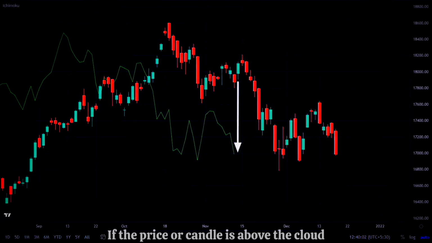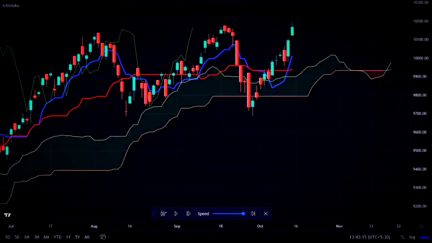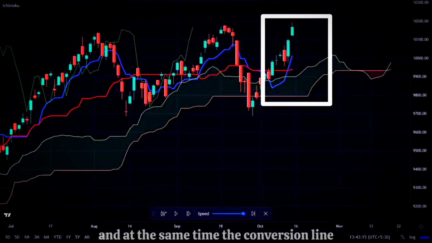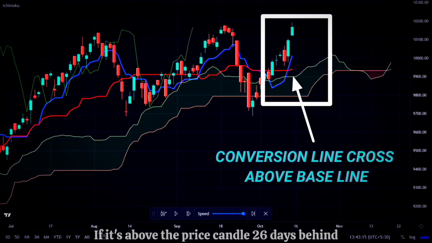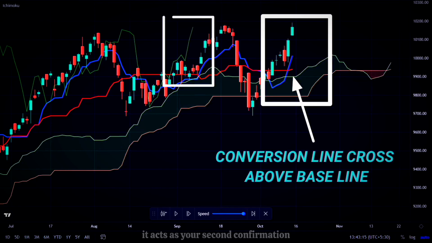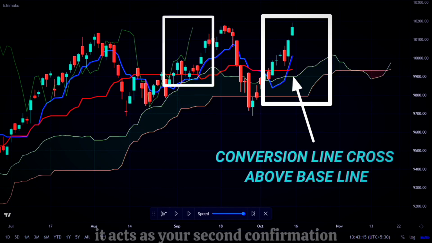If the price or candle is above the cloud, and at the same time the conversion line crosses the baseline from below, you can buy here. For a second confirmation, you can use the lagging span. If it's above the price candle 26 days behind, it acts as your second confirmation.